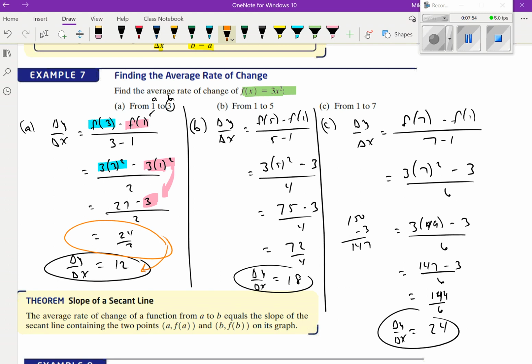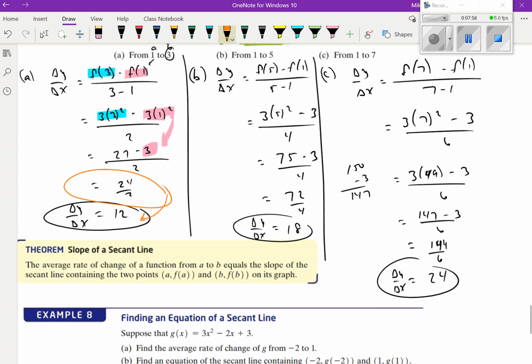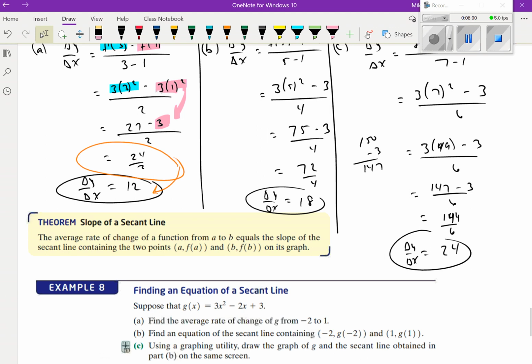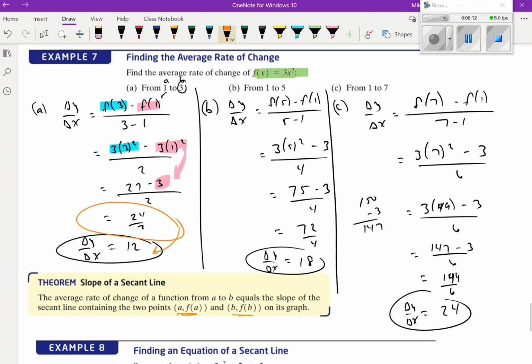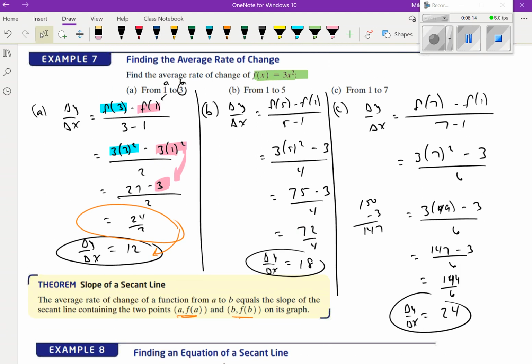That brings us then to, and I've used Desmos to take a look at the equation for a line, the slope of a secant line: the average rate of change of a function from A to B equals the slope of the secant line between any 2 points, A, f of A and B, f of B, on its graph. And really, that's the only thing that we did in example 7 here. We very consistently took a look at these points, the change in the y's over the change in x's.